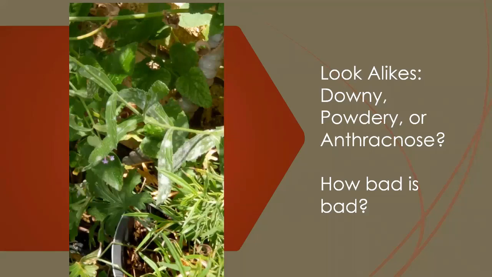Now, the thing about powdery mildew is it sits on top of the leaf, and its structures only go into the leaf a tiny bit, and they don't actually hurt the plant as much as the downy mildew or the anthracnose, which live actually deep in the leaf. So if you have a little bit of downy mildew, you may not need to do anything.